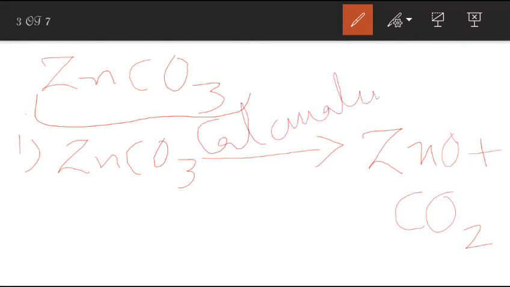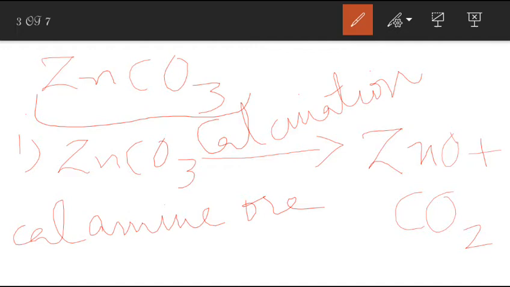This is the process of calcination. Note down that this is zinc carbonate, and this ore is called calamine ore. In this step, zinc carbonate is calcinated. Calcination means the breakdown of carbonate ore in the absence of oxygen to form zinc oxide and carbon dioxide. So in the first step we get a metal oxide, zinc oxide.